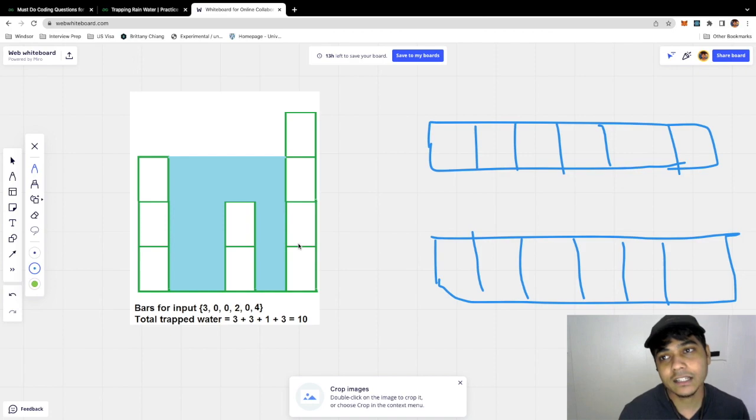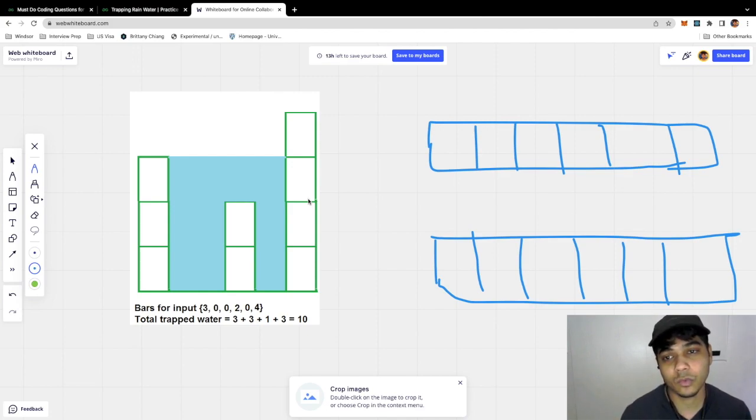The question is, when it rains, how many blocks of water can this structure hold? For example, here we have 3 blocks, and on the second position you don't have any blocks. So you are able to store 3 blocks of water at the second position, and even at the third position you're able to store 3 blocks of water, because on the left-hand side you have 3 blocks covering it, and on the right-hand side you have 4 blocks covering it.